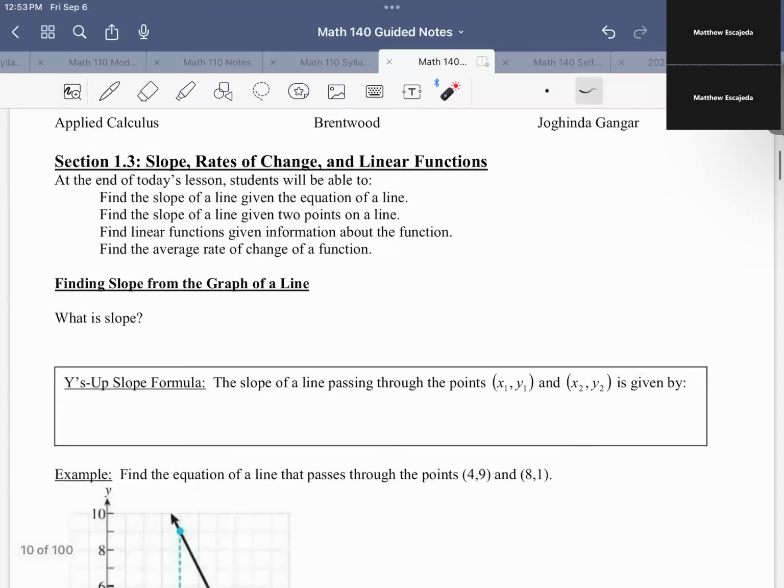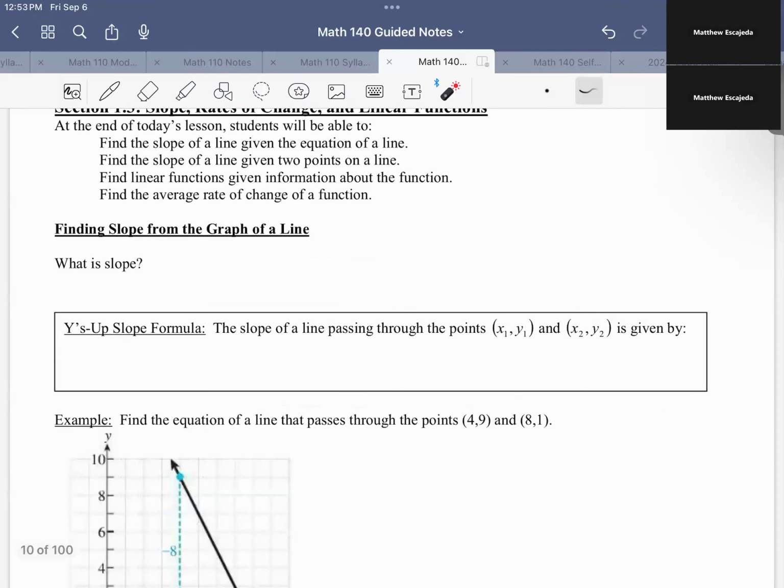So let's get started. Finding slope from the graph of a line. What is a slope in general?